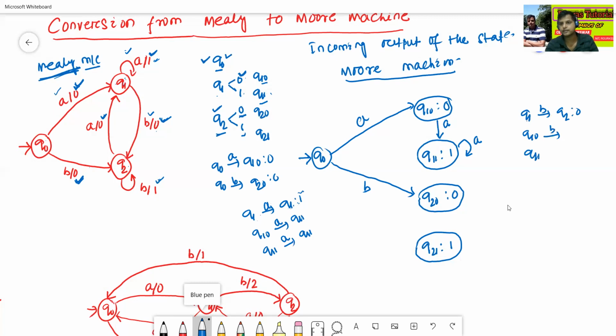Q10 reading B and Q11 reading B, but since the output is 0, they will go to Q20. So Q10 reading B goes to Q20, and Q11 reading B goes to Q20.